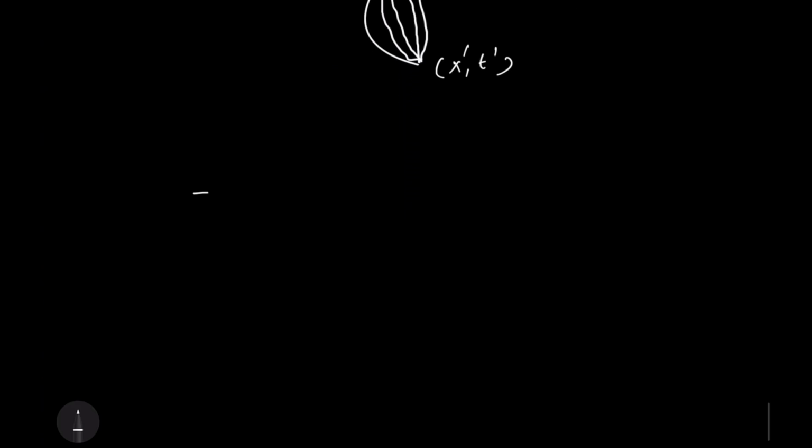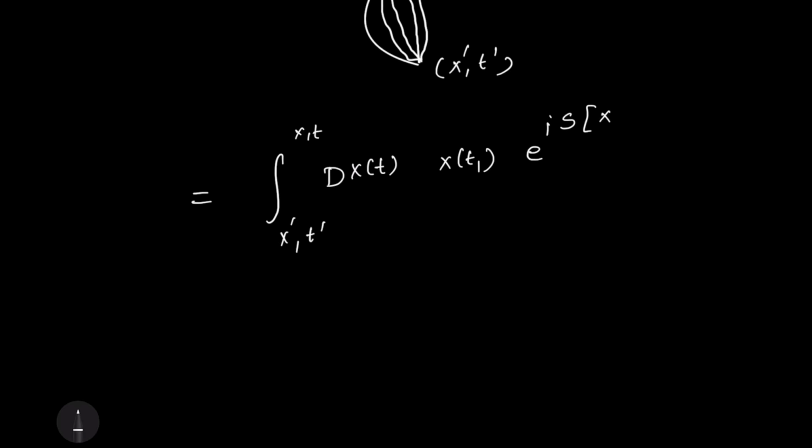So this will be equal to the integral from x prime t prime to xt, dx of t, x of t1, that is x1, e raised to i S x of t.